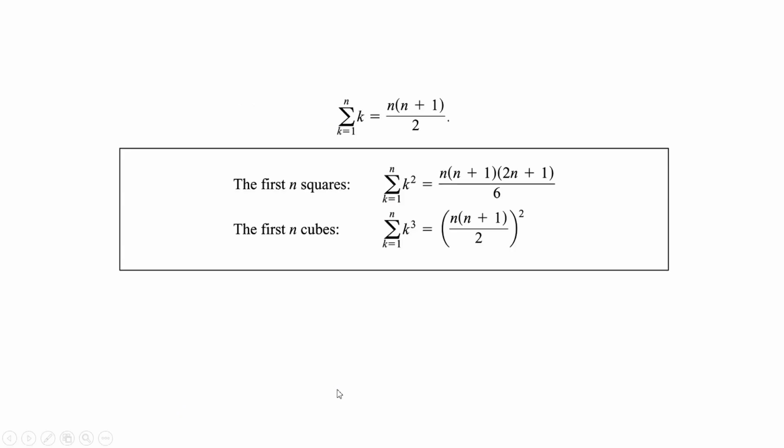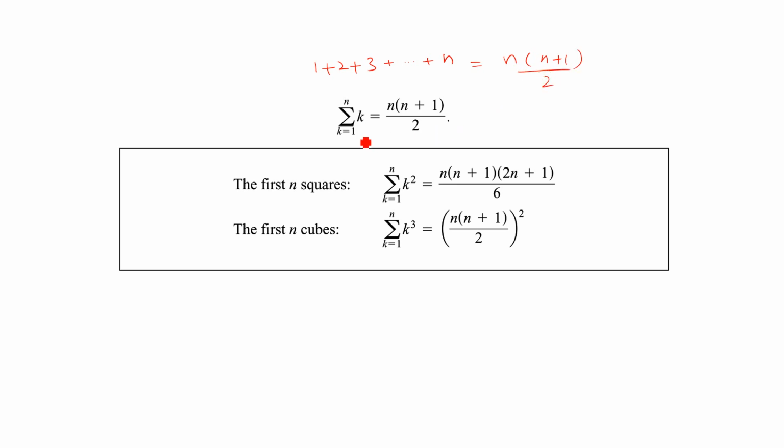Okay, there are very important results to learn in order to use these sums. If we add the first n positive integers, that is sigma k varies from 1 to n, which is in fact 1 plus 2 plus 3 up till n, we should have n into n plus 1 divided by 2.